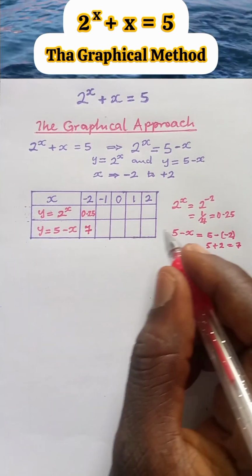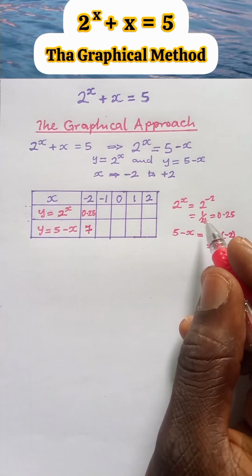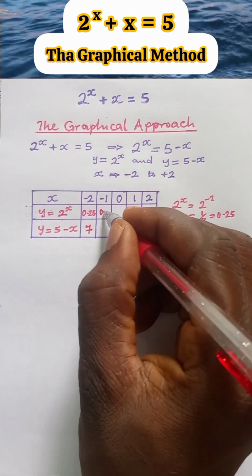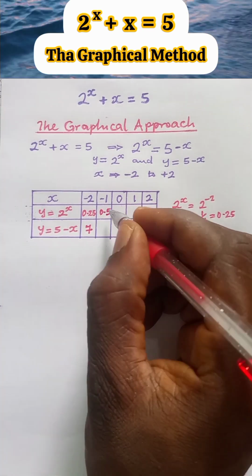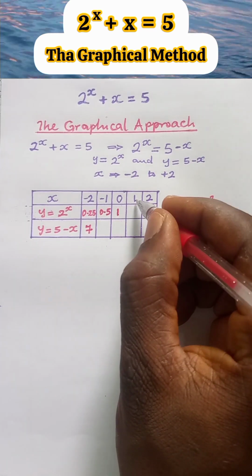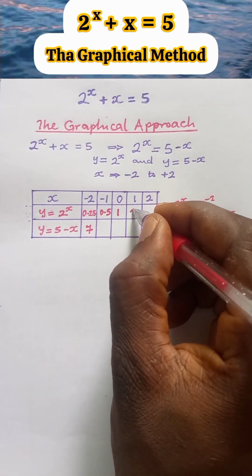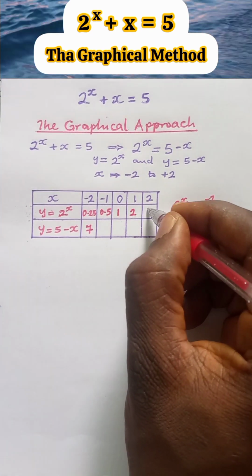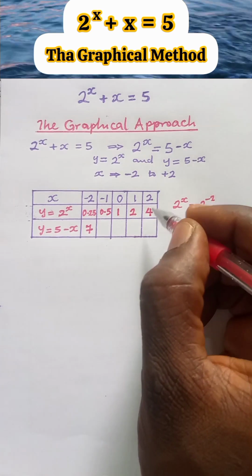If you apply this process here and here, you find out that when x is -1, y here is 0.5. When x is 0, y here is 1. When x is 1, y here is 2. And when x is 2, y here is 4.